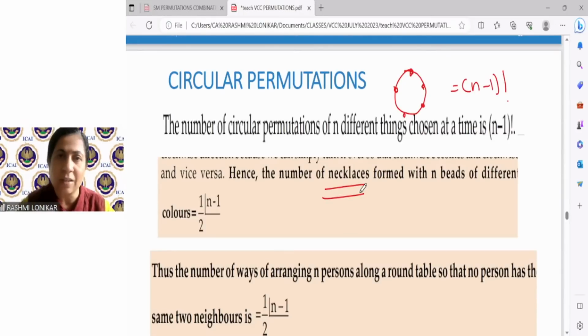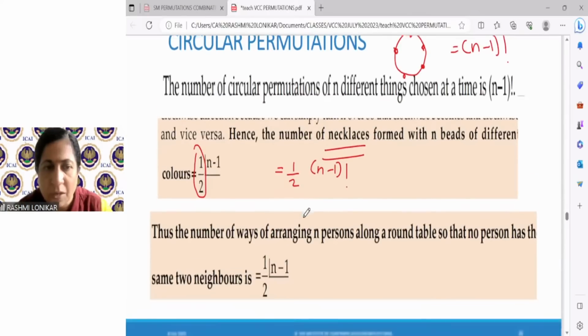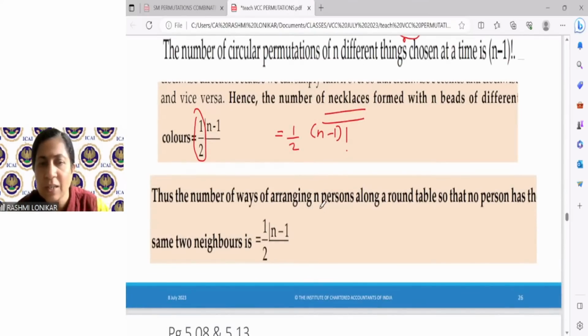Those are spherical, so they do not have a front side and a back side. So in that case, this half is very important. The number of necklaces you can form with the beads is equal to 1/2 into (n minus 1) factorial. Okay, so this is important. And the number of ways of arranging n persons along a round table so that no person has the same two neighbors is again the same.